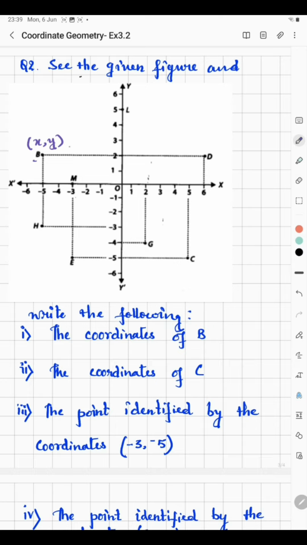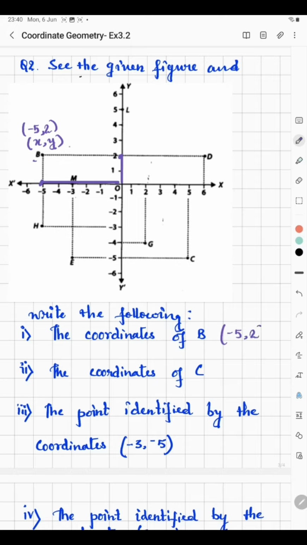The value of x is -5 because here is -5, and the value of y will go towards upward, so it's 2.